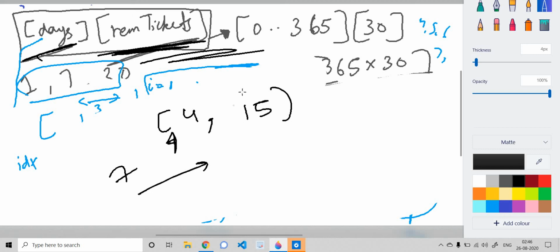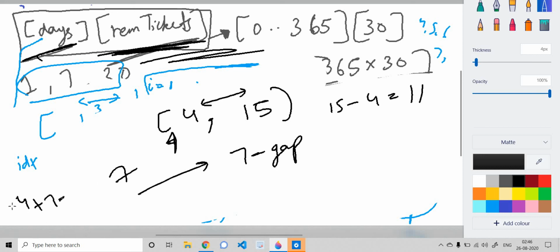We will find the gap, which is 15 minus 4, it is 11, and we would be doing 7 minus gap. After starting from 4, I have the tickets for 4 plus 7 minus 1 days, that is from day 4 to day 10.